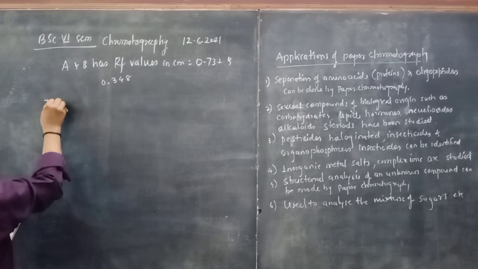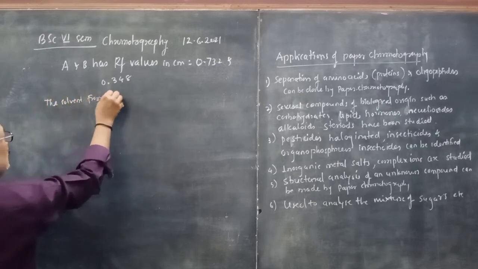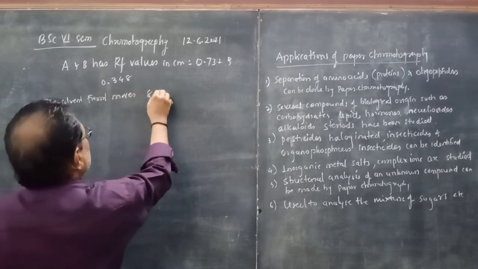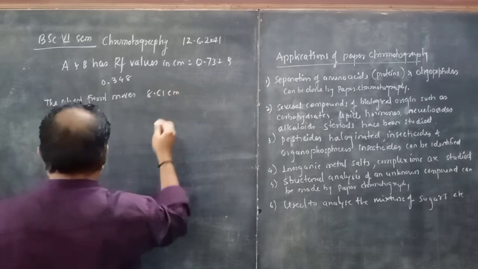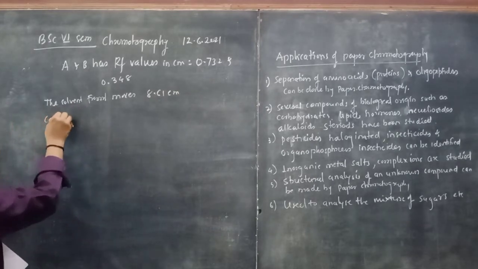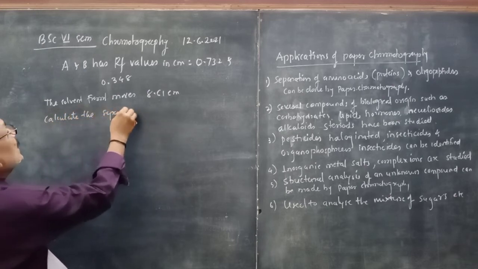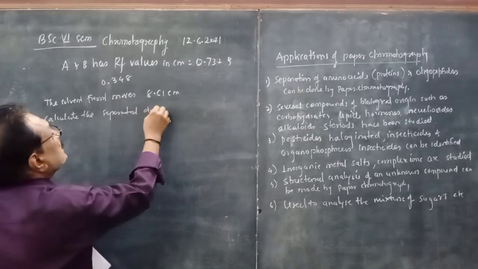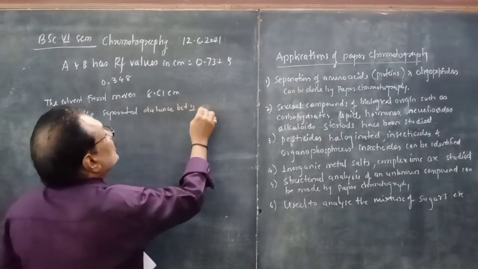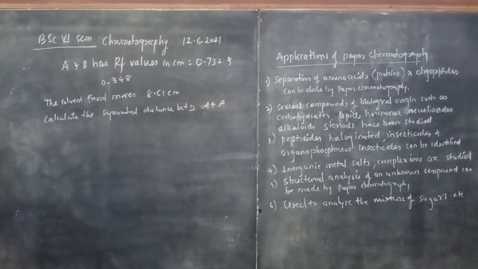The solvent front moves 8.61 centimeter. Calculate the separated distance between A and B.